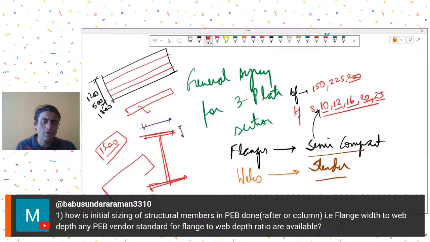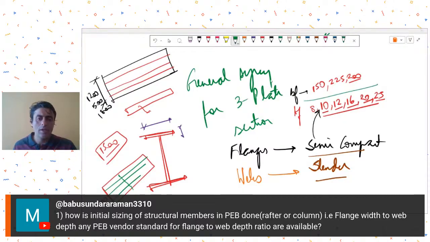Or for example, if you are getting 1800 as the width, then maybe a 225 is also good, because from 225 you can get 8 equal pieces without wastage. So flange widths are usually determined by the plate width that you are getting from the market. But generally the flange widths followed are, let's say, 150, 175 or 200, 225 or 250, 275, 300 and so on.